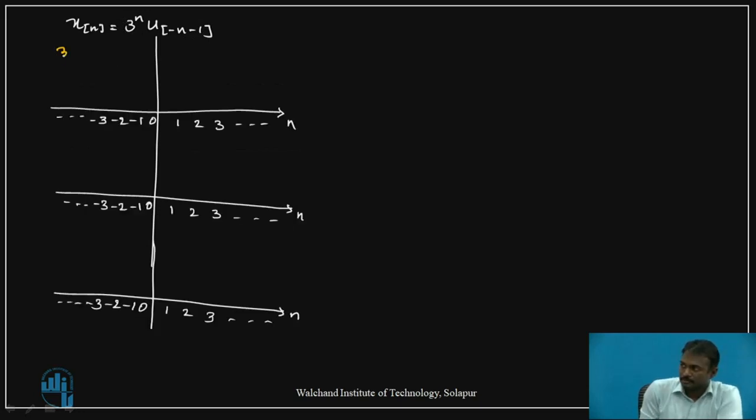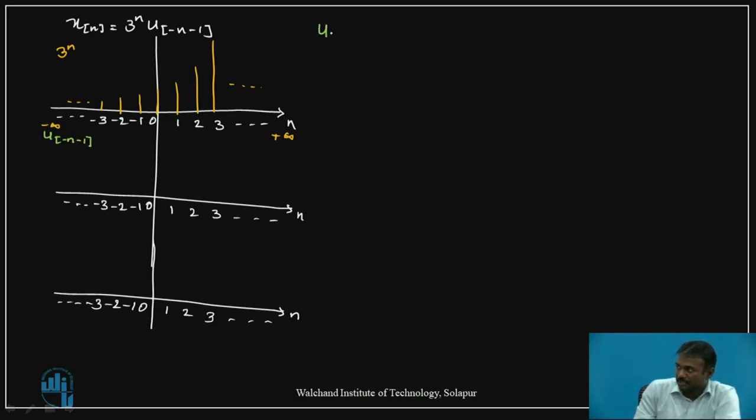So in the first graph, we will draw 3 to the power n, that is growing exponential signal. So this signal is all the way from minus infinity to plus infinity. In the second graph, let us plot the modified version of unit step signal u of minus n minus 1.